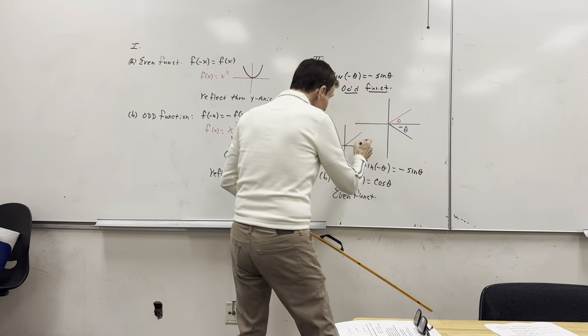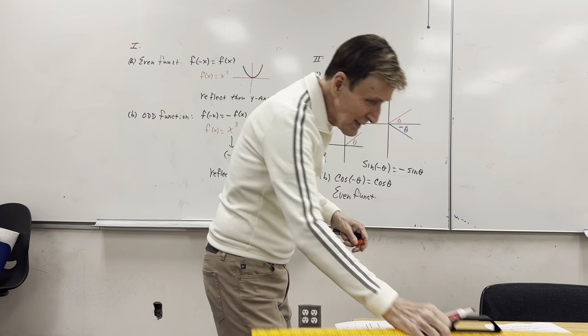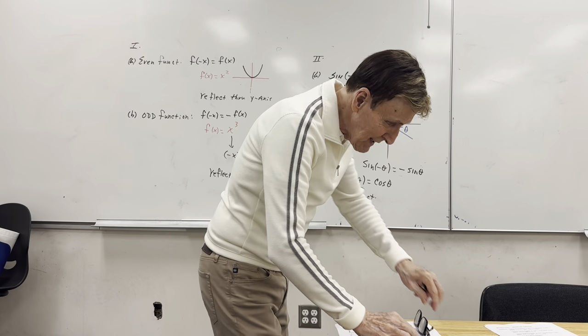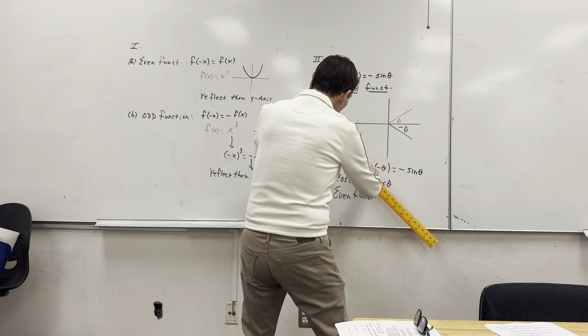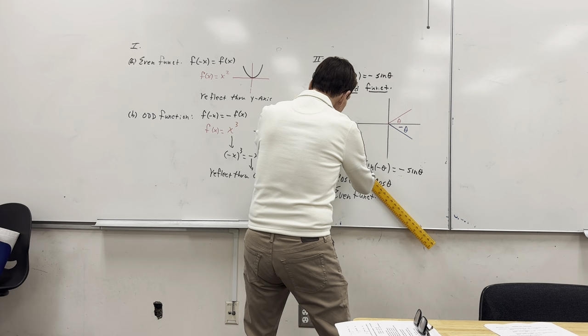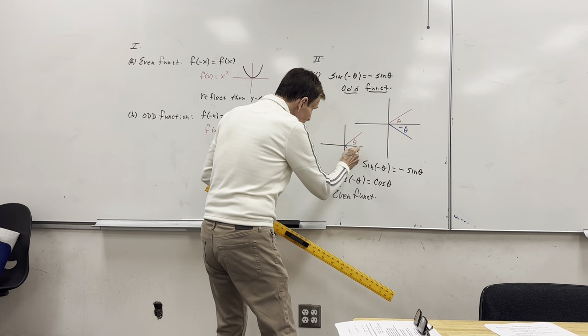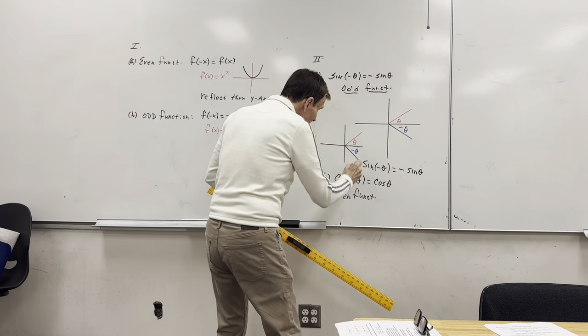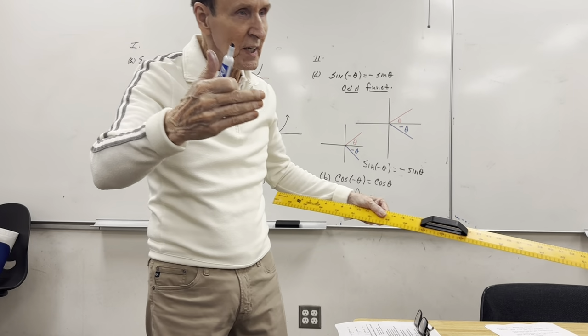Let's label this as theta. Let's go down to quadrant 4, the blue one, labeled as I did before. Same size angle. Let's call this negative theta.